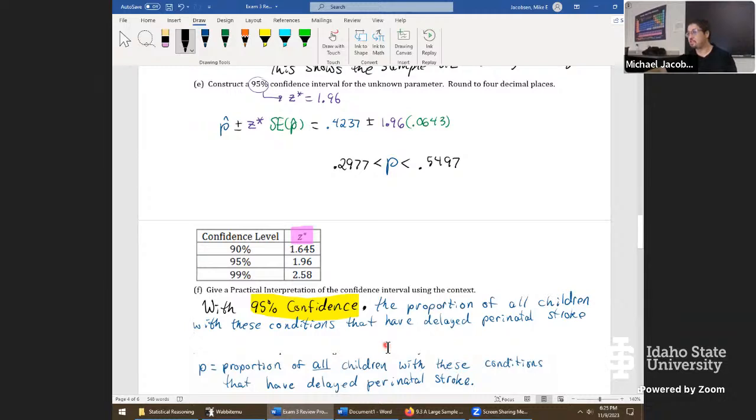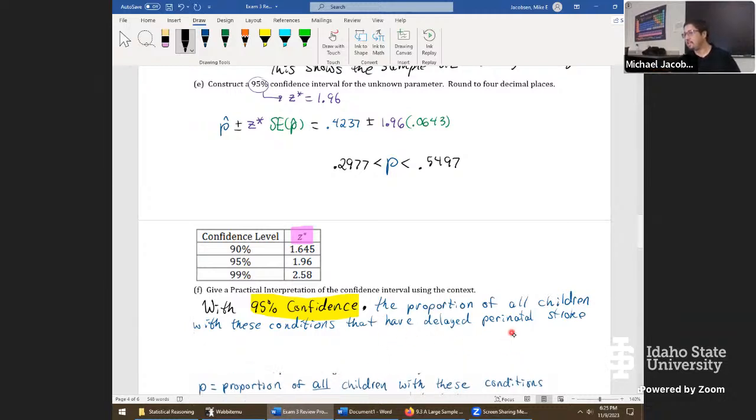I'd say proportion here, so I'll just stick with the proportion, is between 0.2977 and 0.5497. We finally did it, folks. That's our full confidence interval in this problem.